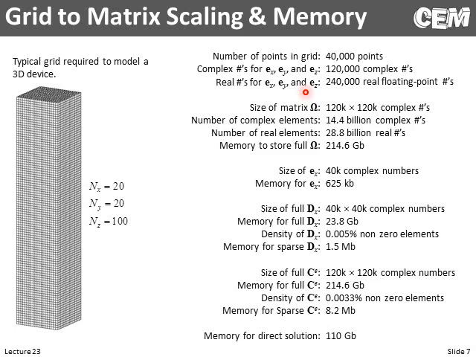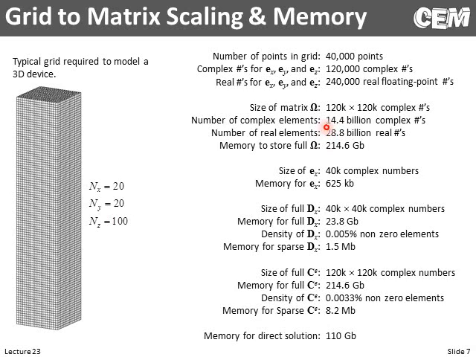Then if we come up with a matrix that is manipulating fields on that grid, that will be roughly 120,000 by 120,000 complex numbers. So if we add up how many elements are in matrices this size, it's over 14 billion complex numbers. Or like we did before, it's almost 30 billion real numbers that we have to store.